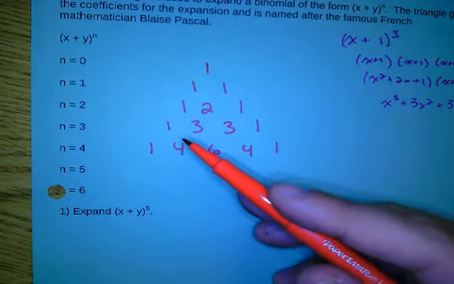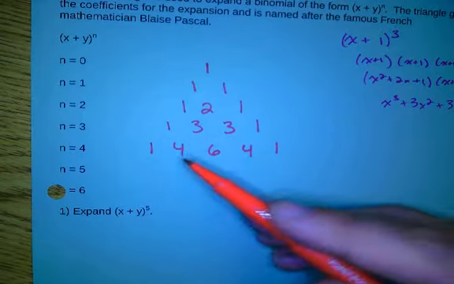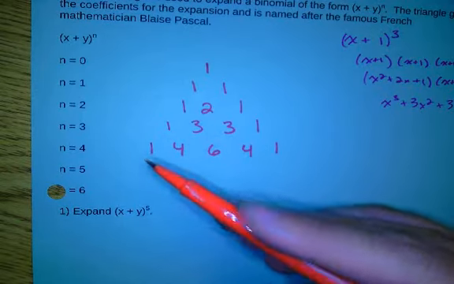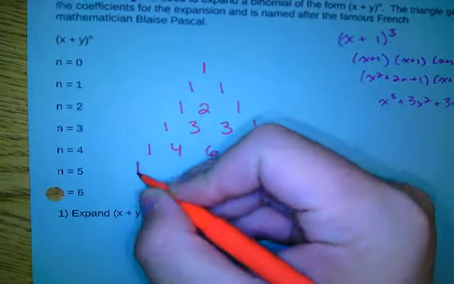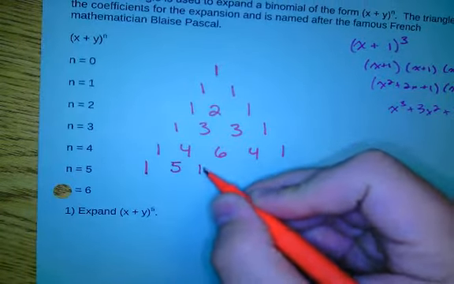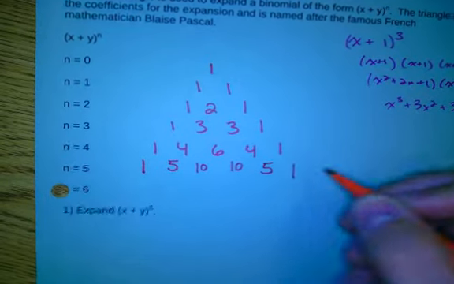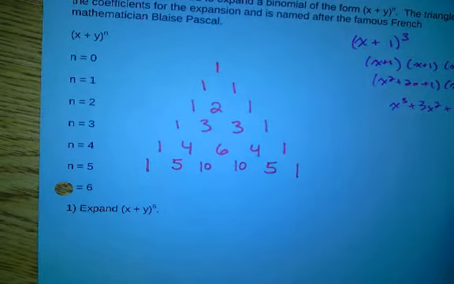There's a reason I put the 4 in between the 3 and the 1, because 1 plus 3 is 4. So what's the first number in the next one? 1. What's the next number? 5. Then. Yay. Try the last one on your own.